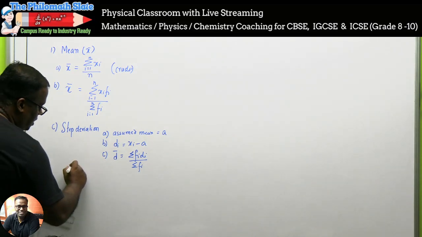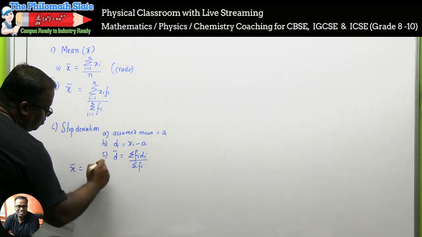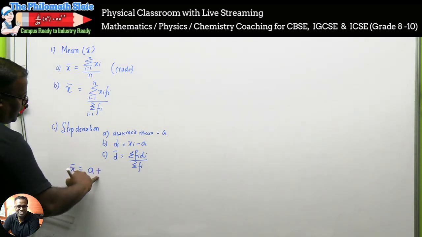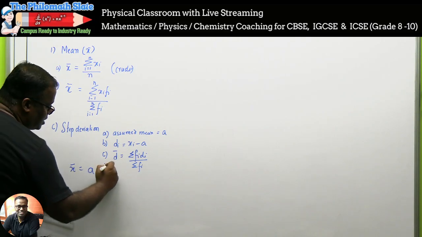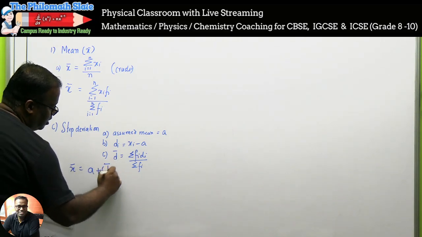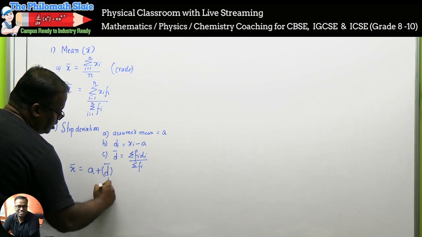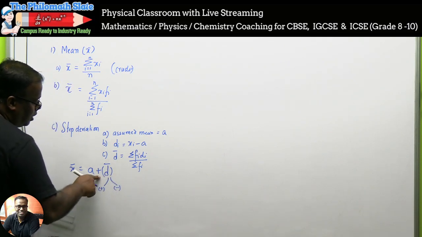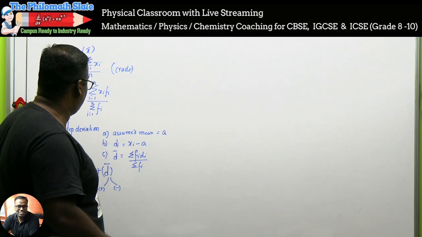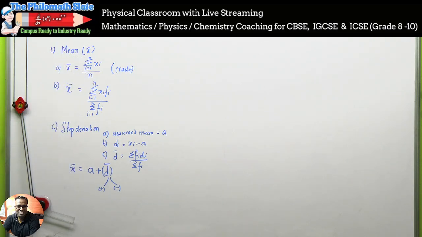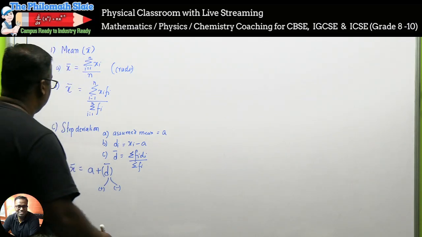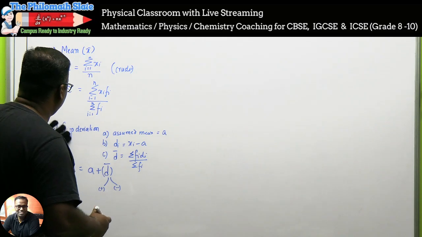Then mean is given by assumed mean plus, the algebraic plus, d bar. d bar can be positive or negative, but you do the algebraic sum. That is your deviation method, not step deviation.